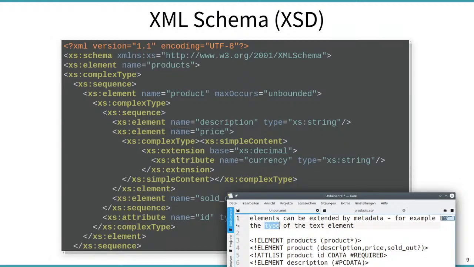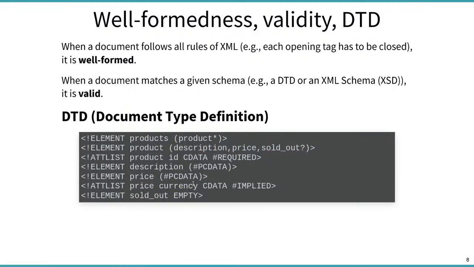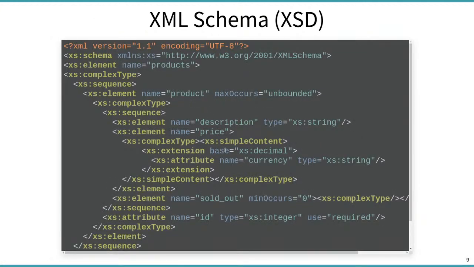Yeah, type is a very good keyword. In DTD we have only CDATA, this is a string that you write in attributes, and PCDATA, that is a string that you write into text nodes, so between an opening and closing element. Parsed character data and character data.